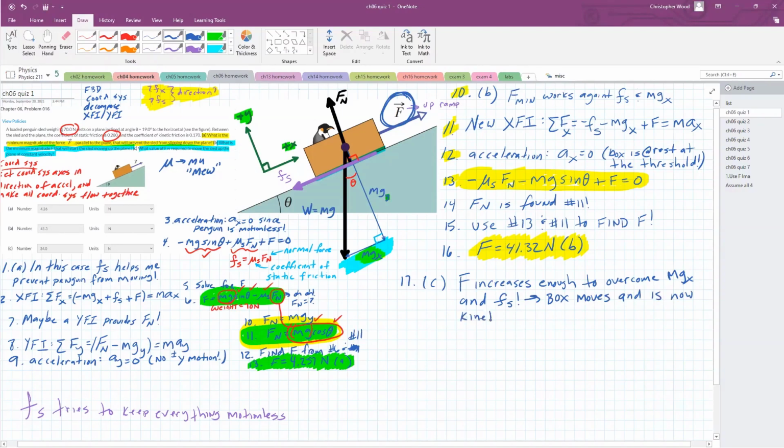So this is different, and it makes sense. I've broken the stickiness between the ramp's static friction and the penguin box.